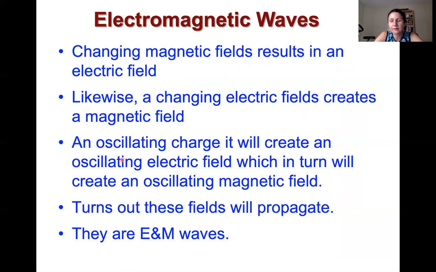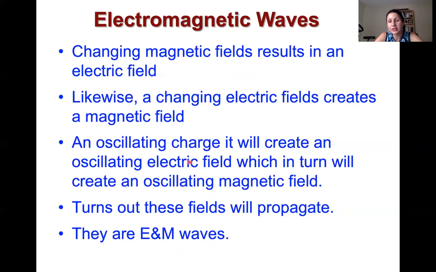Now, what could be a source of that? Well, we can have a charge which is oscillating. So that's like a changing electric field. It will create an oscillating electric field, which in turn will then create an oscillating magnetic field, as you kind of see from these concepts that we've learned. And what are these oscillating electric and magnetic fields? It turns out that these are exactly your electromagnetic waves.